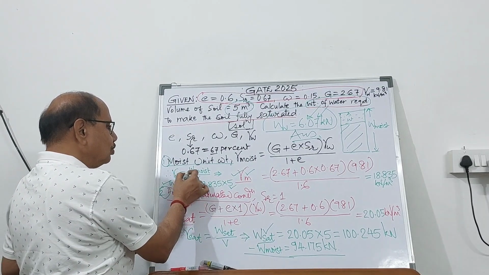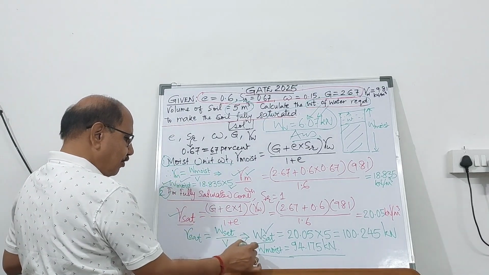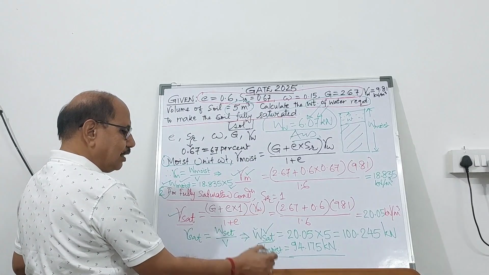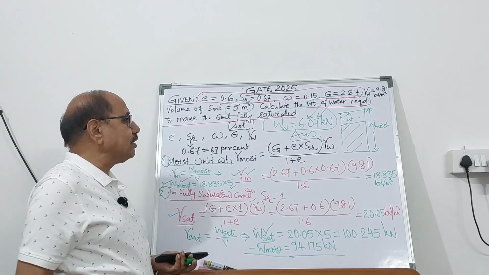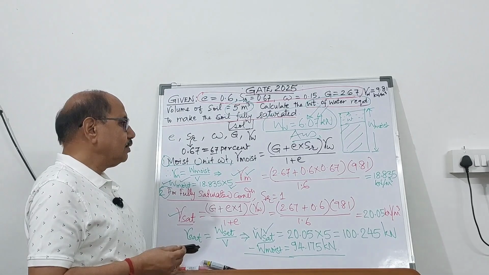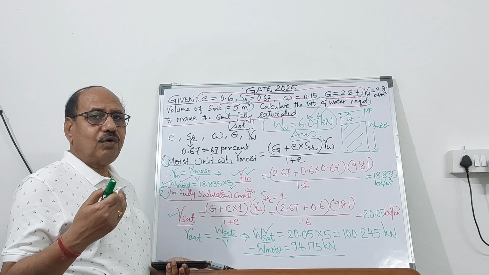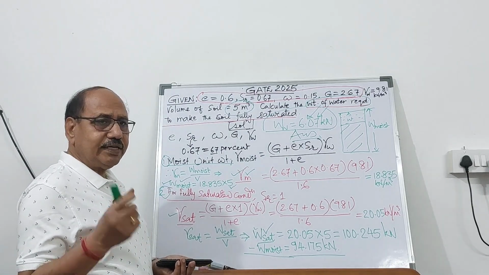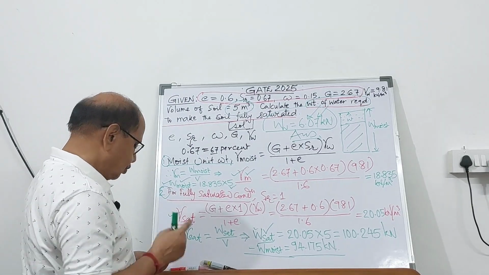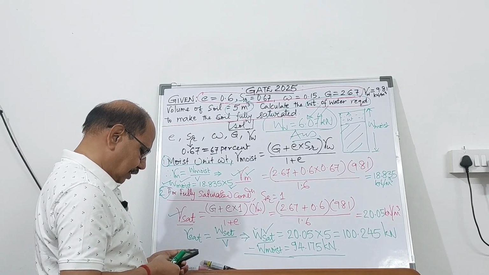This gives you the weight of moist soil, and this gives you the weight of saturated soil. Take the difference and find out the weight of water that is required for making the volume of soil, which is 5 cubic meter, fully saturated. So this problem is so simple that we have seen.